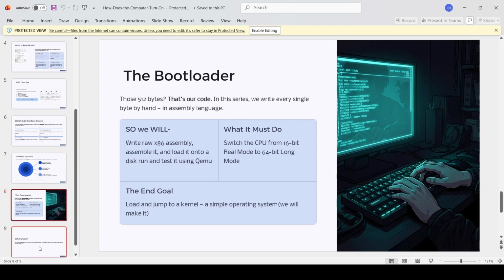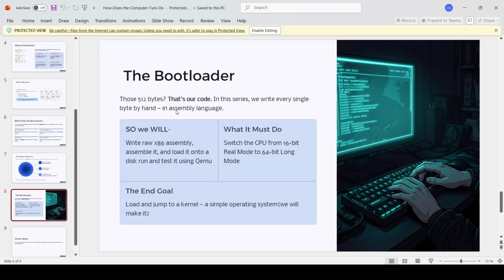So this is our task. In this series, we will write the bootloader code byte by byte in x86 assembly, and we will assemble it and load it on disk.